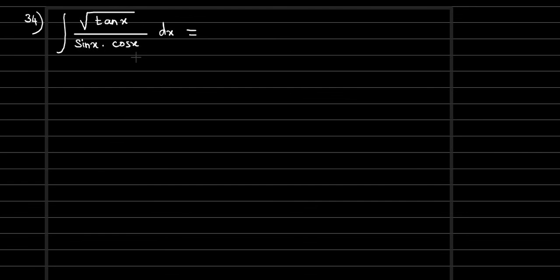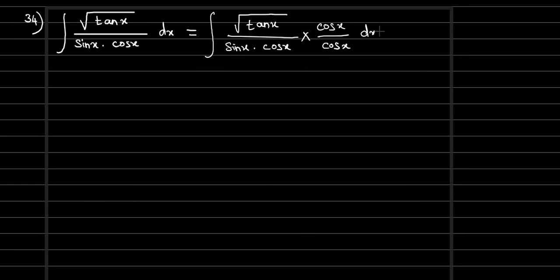So we have to reduce this one into the standard form. So here what I'm going to do is, I'm going to purposely multiply and divide by the cos x. So integral square root of tan x by sin x into cos x, into cos x, with the cos x I'm just multiplying and dividing.